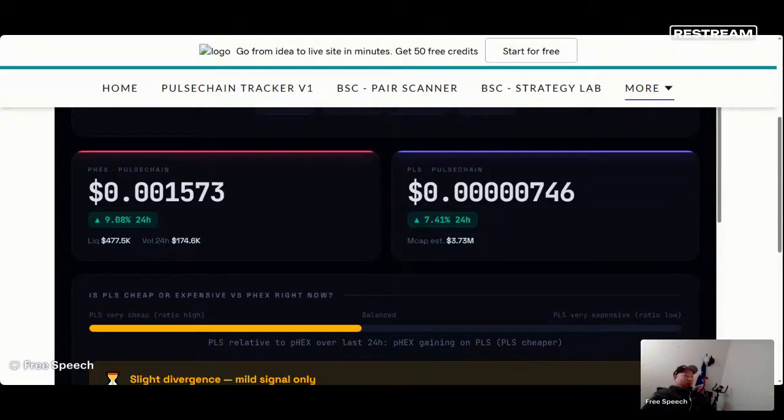If it were to get deep and liquid on Ethereum, which would be more expensive, and PulseChain, which would be cheaper, it would be very interesting to see how the price of HEX would be affected by that, and if more capital would come into play in that sphere, and whether there would actually be any yield there on top of the existing yield, if there's any yield with HEX. Anyway, we'll look at that later.